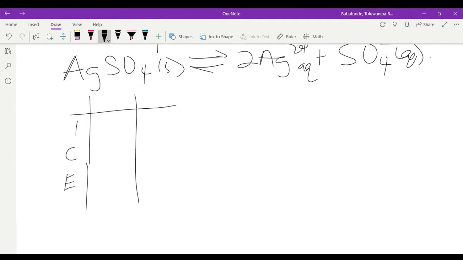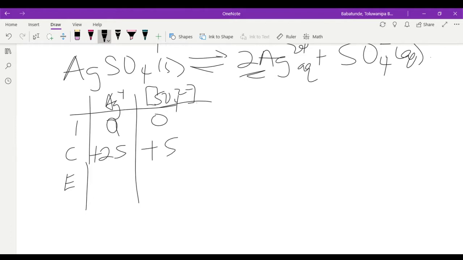We only need to write it for silver and for sulfate ion. Of course, this is 0 initially. We have 2s here and s here, and both are positive. So the equilibrium concentrations are going to be 2s and s.